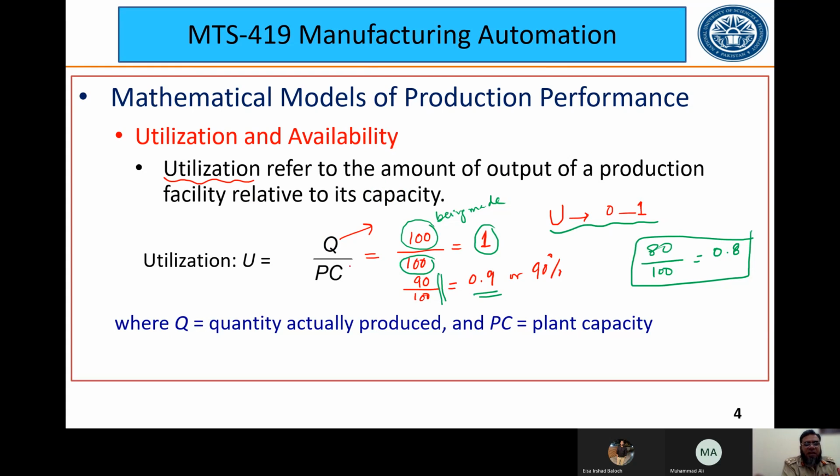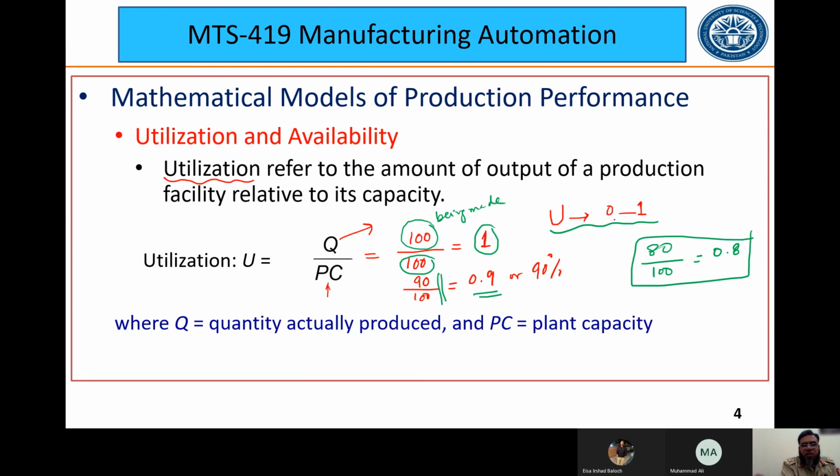We have studied plant capacity, or the production capacity. There is a capacity of a plant, and it is producing a certain amount of products. Let us say 100 products are being made and the capacity of the plant was also 100, so its utilization goes to 1.